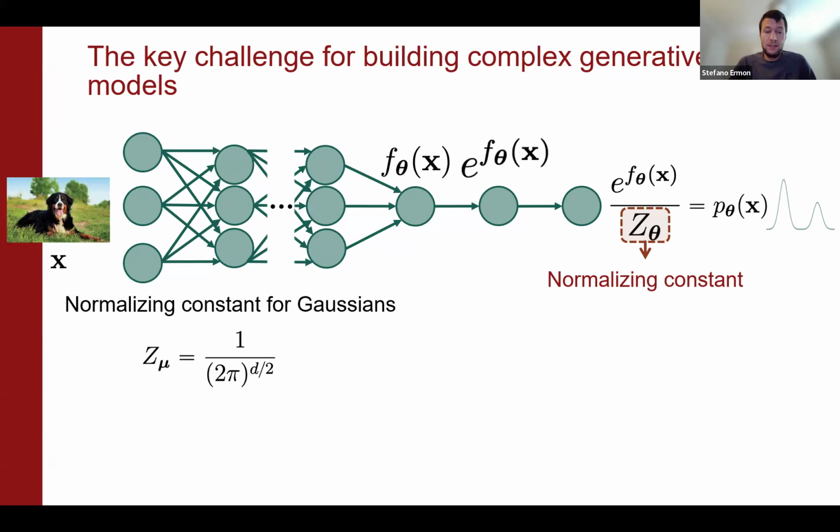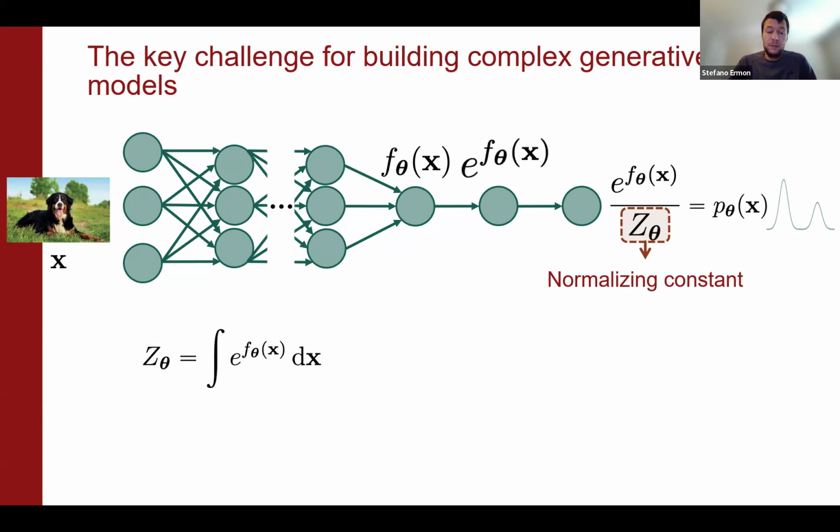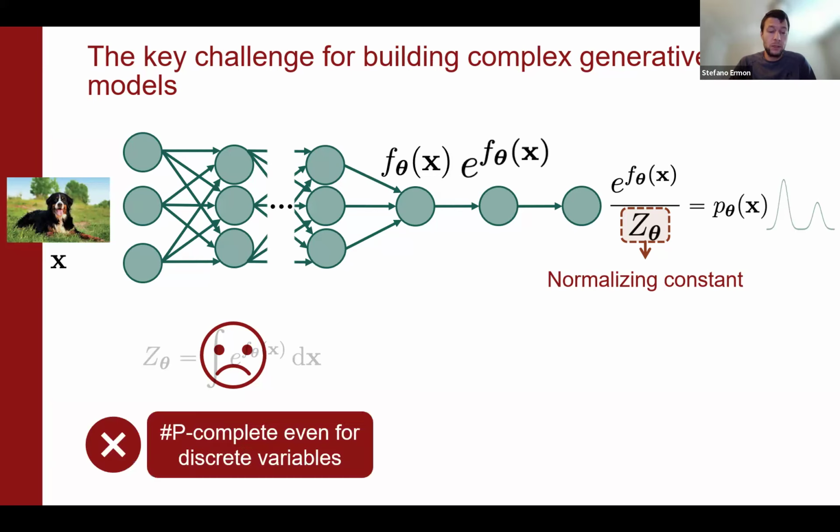If you have a Gaussian density, the normalization constant is just the denominator that you have in the usual Gaussian PDF, so you can compute it analytically. But if you have a complicated neural network, computing the partition function involves some high-dimensional integral. You can't really evaluate this quantity, and it's very hard to build a proper probability density function using an arbitrary neural net.